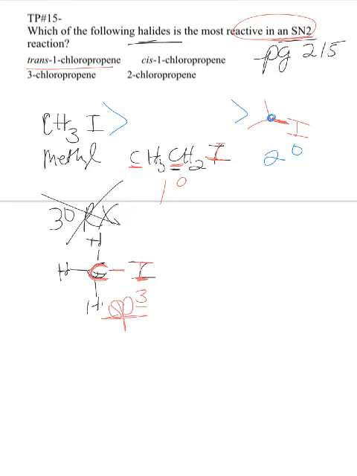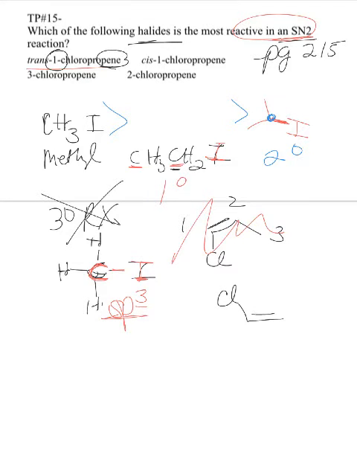Trans 1-chloropropene. Propene has 3 carbons, and the ene is the carbon-carbon double bond. You have on 1 the chloro, 1, 2, 3. And it's trans. In that case, I have drawn it as cis. So let's redraw.